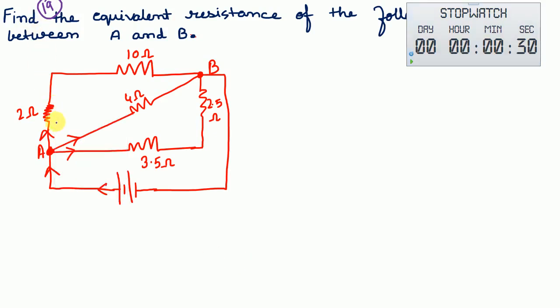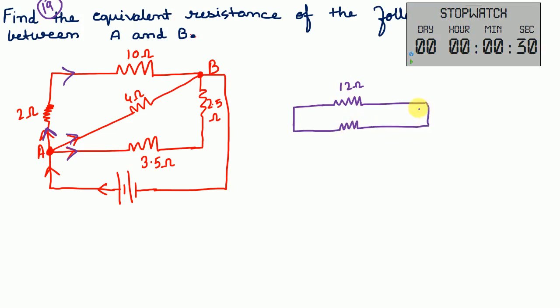Yes, so here it will be distributed, but the same current will go over here. This means that 2 and 10 are in series. This is the thing that we have seen, divide and rule. So here this is 12 ohm, this is 4 ohm, and these two are also in series, 3.5 and 2.5, because here the current will flow in this way only.